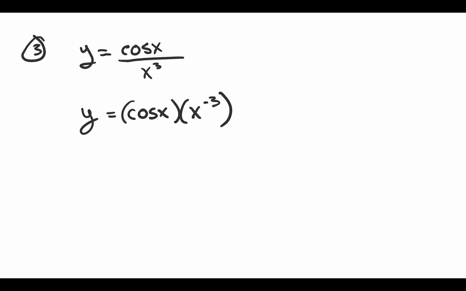I don't like to do the quotient rule if I don't have to. If I could do product rule all day long, I'm going product rule. So again, we do the same trick. Cosine of x, and its derivative is negative sine of x. Our next one is x to the negative third, so the negative 3 falls to the front. We subtract 1. There we go.